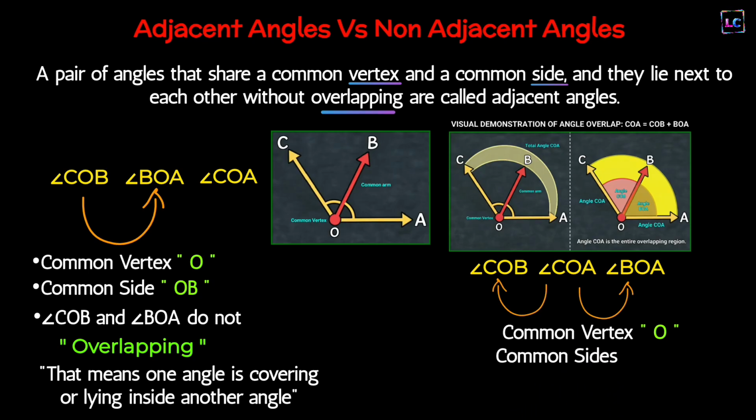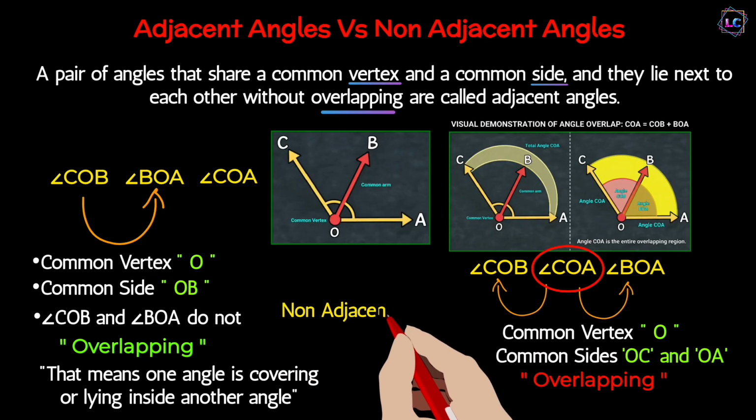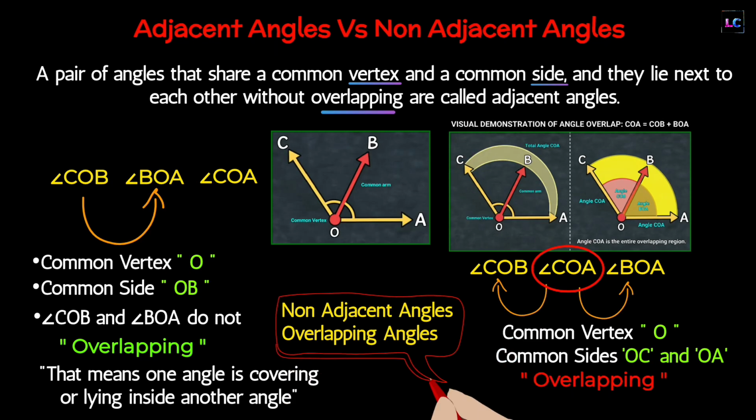For example, angle COA shares common side OC with angle COB and OA with angle BOA. But there is a key difference. These angles are overlapping. Here, angle COA is larger and it overlaps angle COB and angle BOA. So even though they share a common vertex and side, they are not adjacent. They are called non-adjacent angles or overlapping angles.